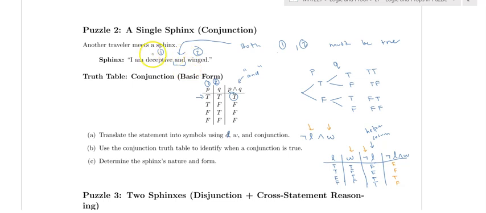So the only way that this entire thing can still be a lie, despite a deceptive Sphinx saying this, is for the second part to be false, right? So I am deceptive and winged. First of all, we know that a logical Sphinx would never say this, because a logical Sphinx is not deceptive, and if they said this, then this whole thing would be false.